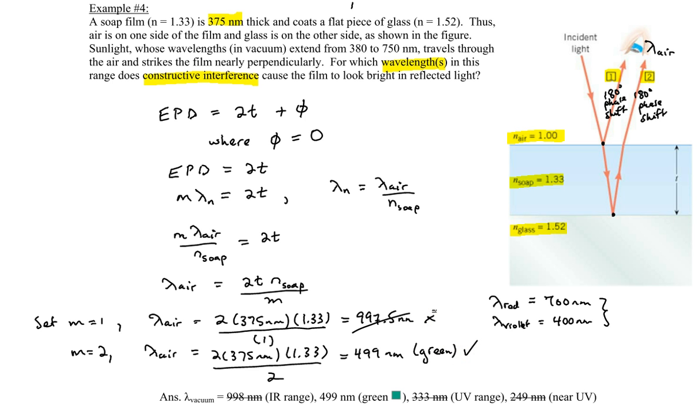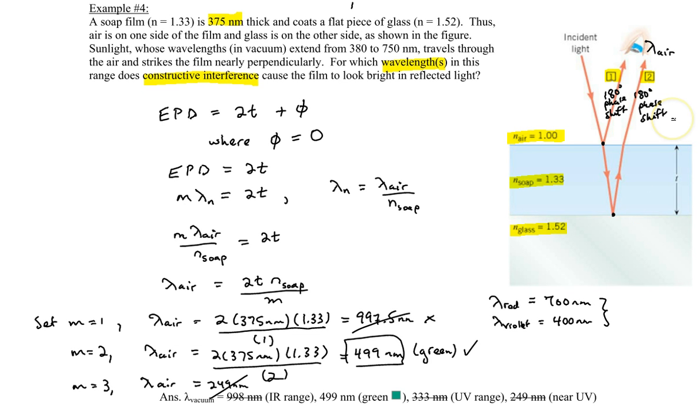Then maybe we see other ones, so we set m equals 3 and solve for lambda air, putting in the same thing, except you replace the 2 with 3, and you get 249 nanometers, which doesn't work out because that is near the UV range. So the only one that we see is the 499 nanometer wavelength of light, and that's what this film will produce at this particular thickness.